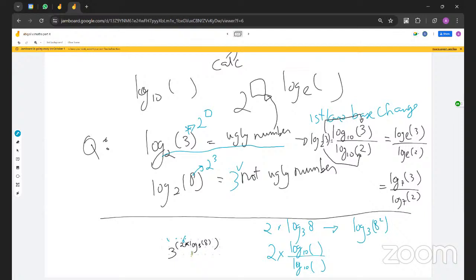Just follow the pattern. What do I put here? 8 and 3 first. There's a 2 times here. And then it should be equal to, again, log base 10. What do you put here? 8 power 2. And this one is 3. Please see for yourself whether they are the same or not. If they are the same, the second law is working.